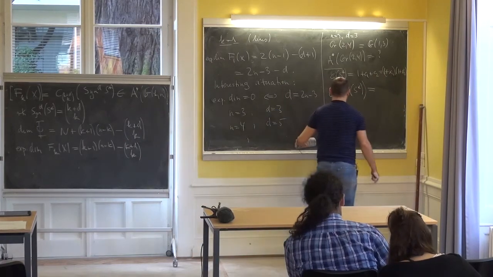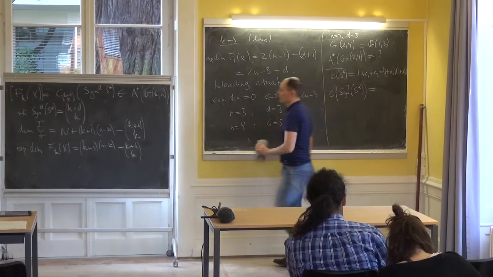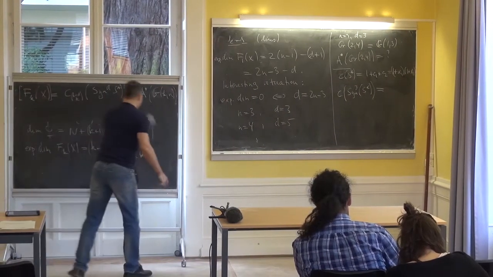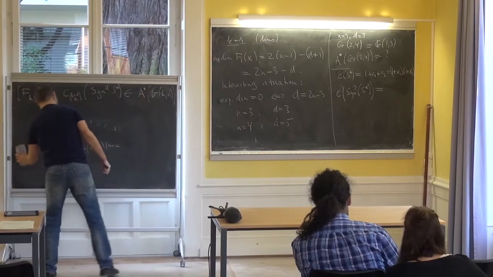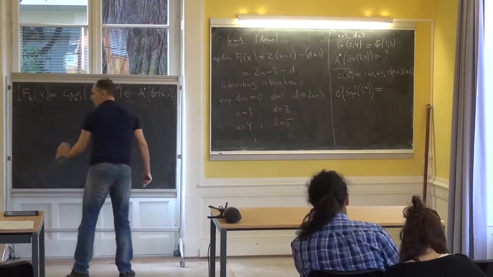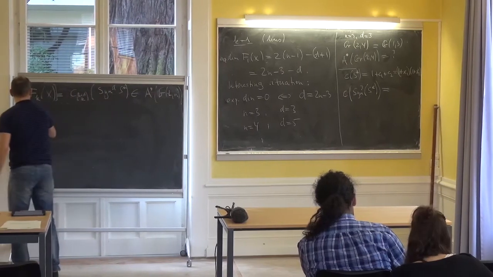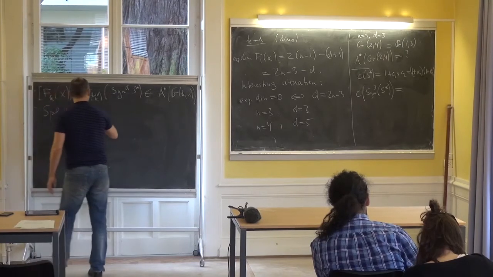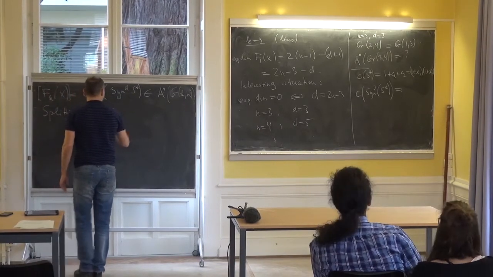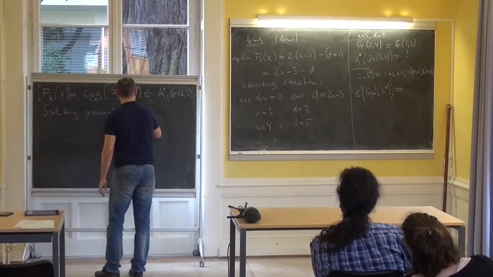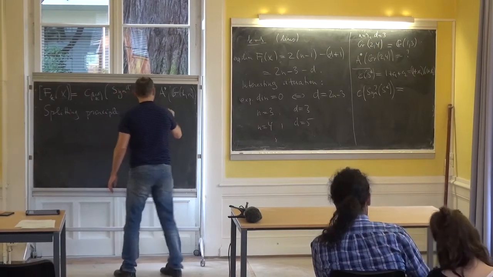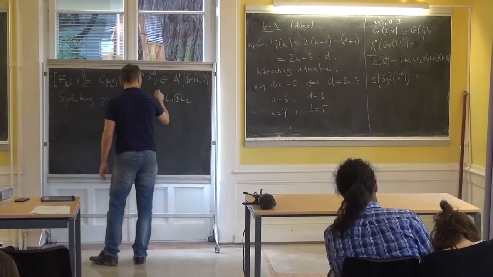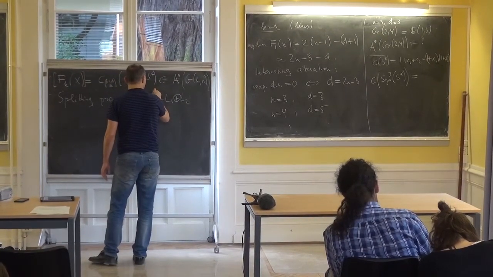Maybe let me explain this a little bit. The idea is that we use the splitting principle. Suppose S is a rank 2 bundle, so it's just some direct sum of 2 lines.